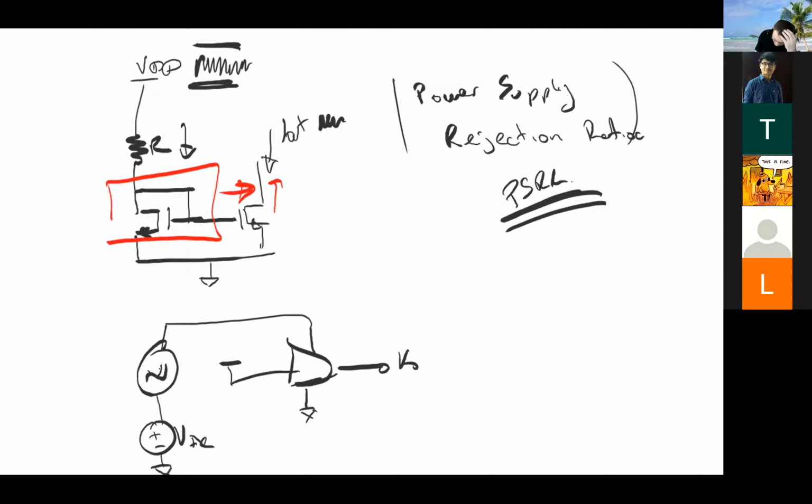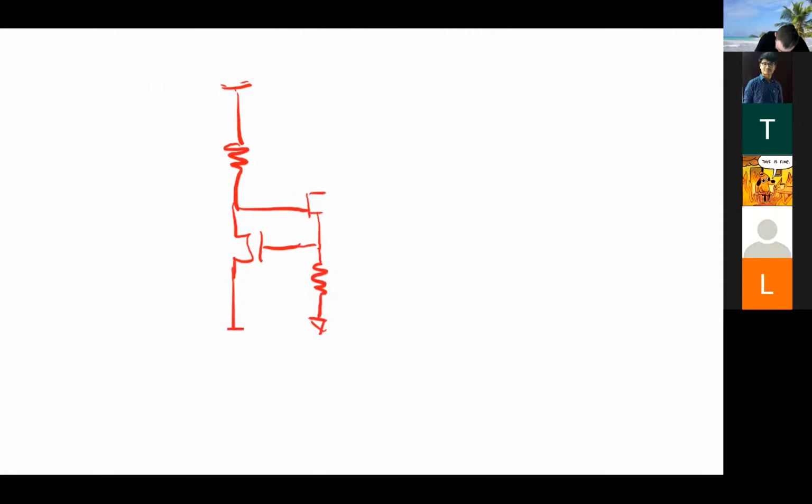One of them that we spent a little bit of time talking about is very similar looking, but fundamentally quite different. So we have a structure that looks something like this.